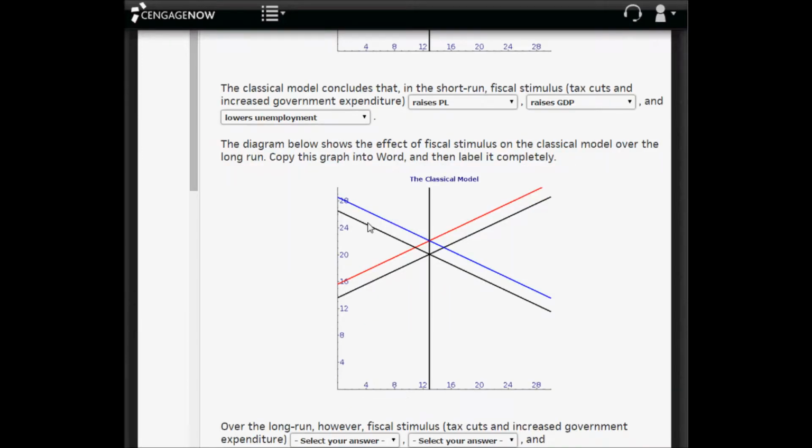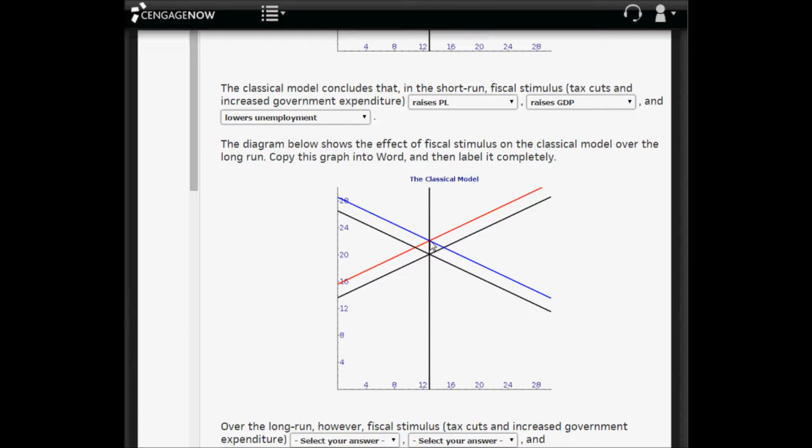Over the long run, however, what happens? Over the long run, when unemployment is below the natural rate, there's pressure on wages and the prices of production inputs to rise. That increases the marginal cost of production, so the short run aggregate supply curve shifts up to this red curve. And it shifts up to the red curve because at this point here, again, resource markets are clearing.